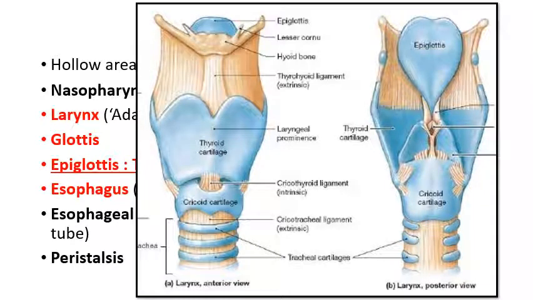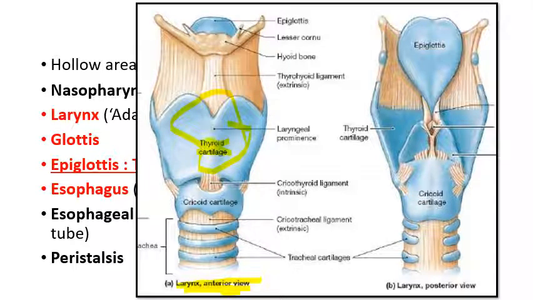All right, looking at the larynx, it is this bump that's mainly made of cartilage, and the cartilage is given different names depending on what position it is. So on the left, we have an anterior view of the larynx. We're looking at it from the front, and this bump that we call the Adam's apple is located right here. And it is made of a type of tissue called thyroid cartilage.